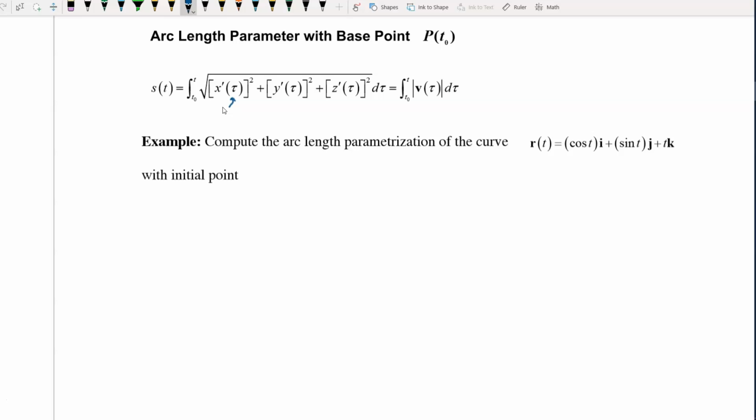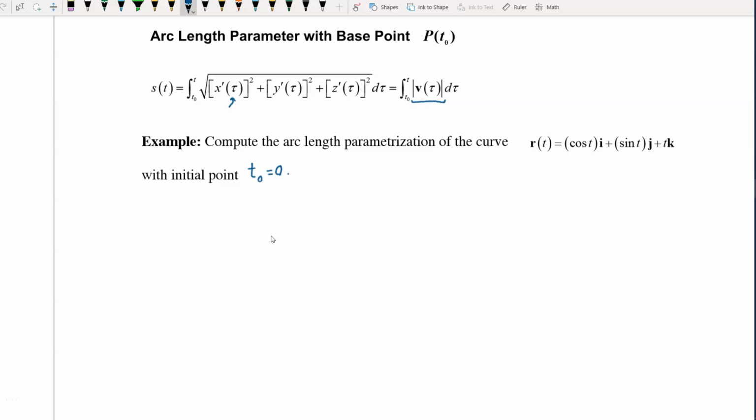Here we use the outer variable tau. That is equal to the integral from t naught to t of the length of v of tau d tau. Here this absolute value of v is the length of the velocity vector with respect to tau.